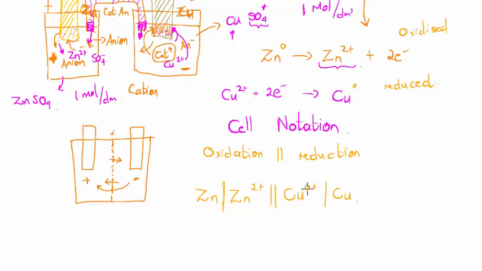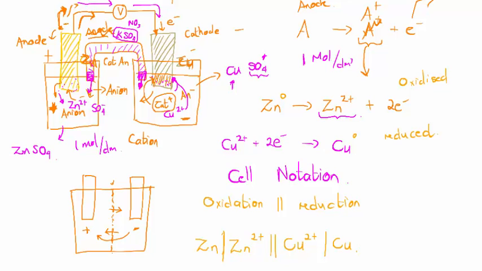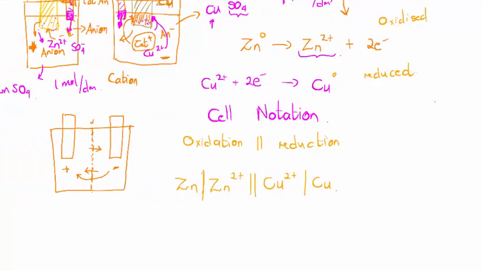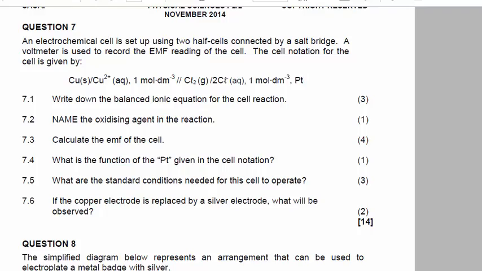Now, if I had different electrodes, for example, in the example I gave you earlier, let's say this one was copper.